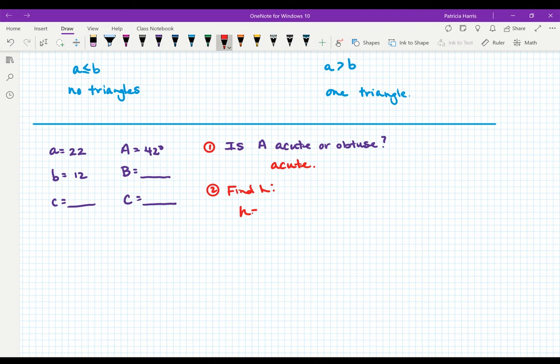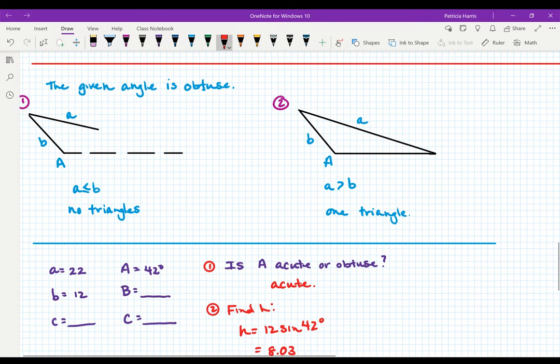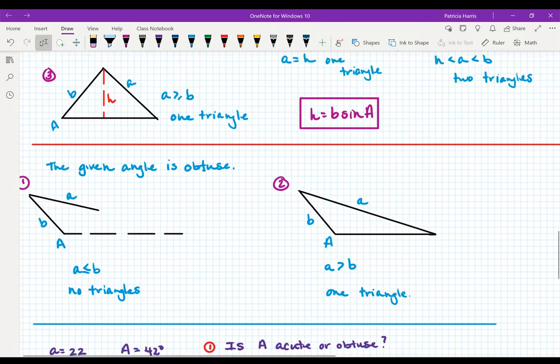So I know that h is equal to the non-opposite side, which is B, times sine of 42. Now I'm going to compare A, B, and h, remembering that A is 22 and B is 12.